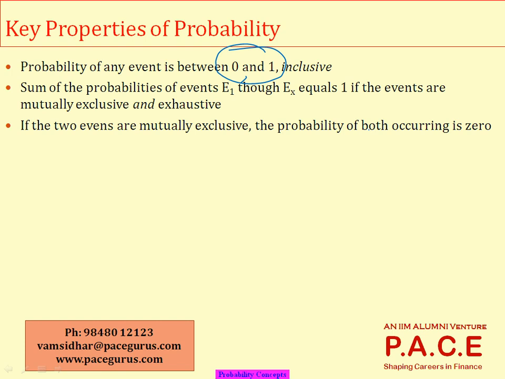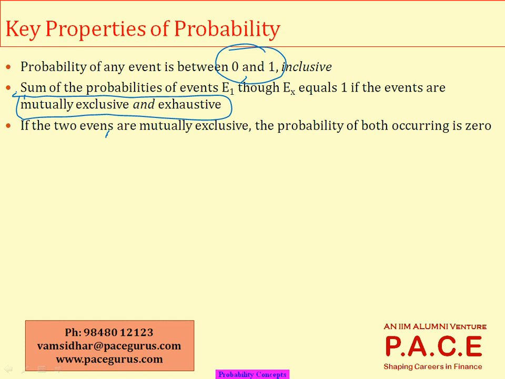And if I am taking mutually exclusive as well as exhaustive events, which means if A occurs, B should not occur, that is mutually exclusive, and A and B put together should give all the possible events. That is what we call all the possible outcomes. That is what we typically call mutually exclusive and exhaustive events. And what is being said is that the sum of probabilities of all the mutually exclusive and exhaustive events should be equal to 1.